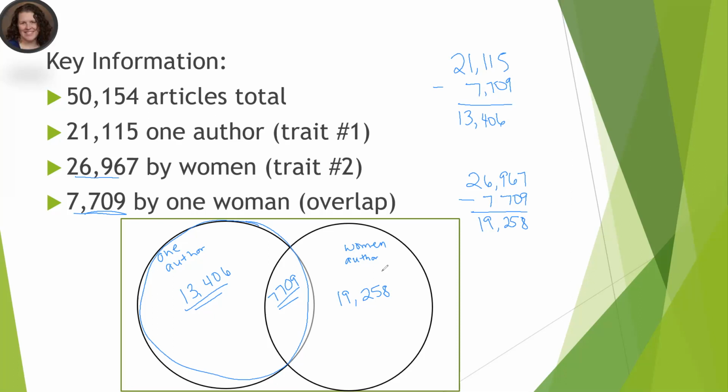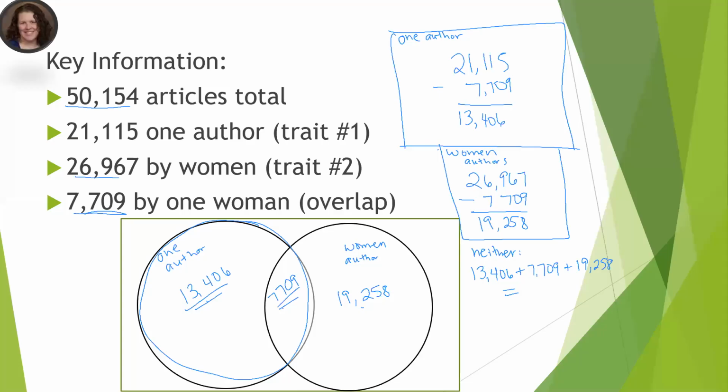And so we're going to add up our three values here and then subtract that from the total number of articles. All right, so when we take the 13,000-ish plus the 7,000 plus the 19,000, we get a total of 40,373.